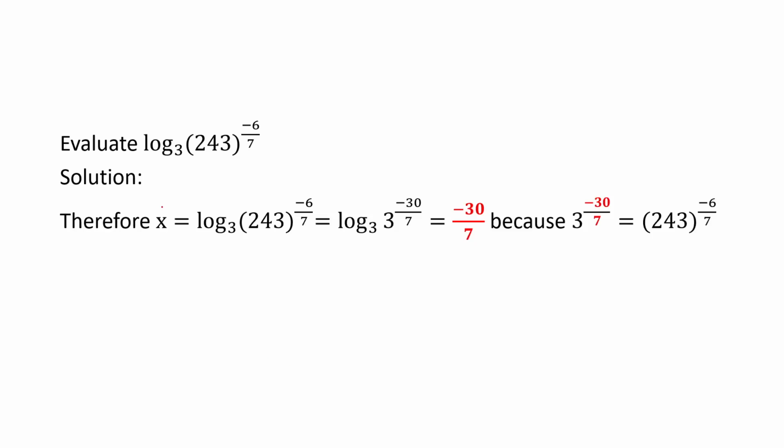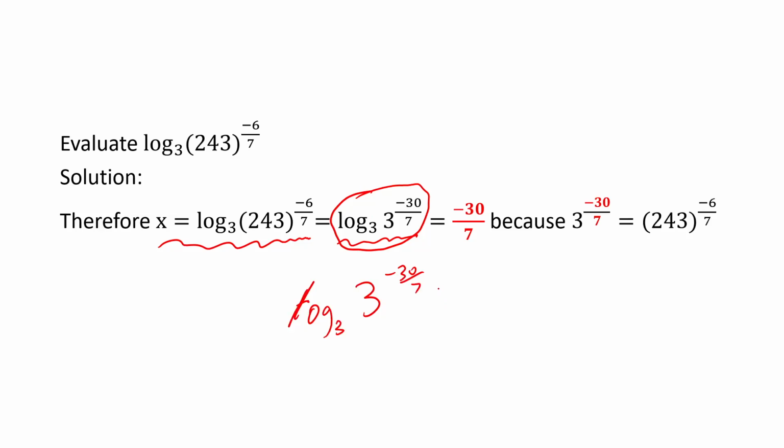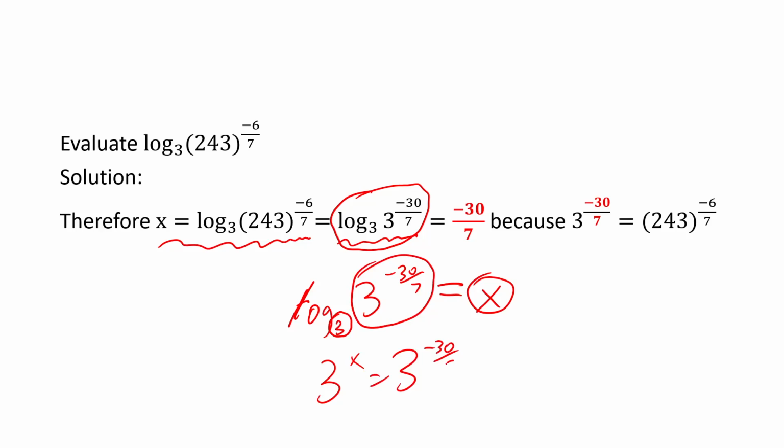So when we say x equals log base 3 of 243 to the negative 6 over 7, we're really saying log base 3 of 3 to the negative 30 over 7. If we let that equal x, then putting it in exponential form is like saying 3 to the x equals 3 to the negative 30 over 7. And so by observation, x must be negative 30 over 7.